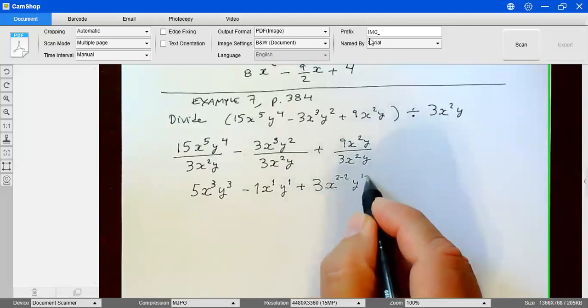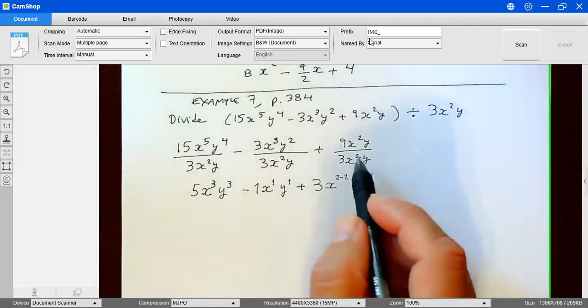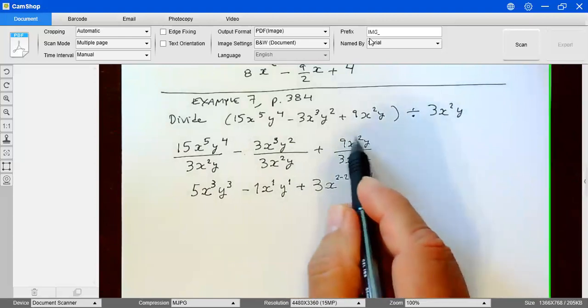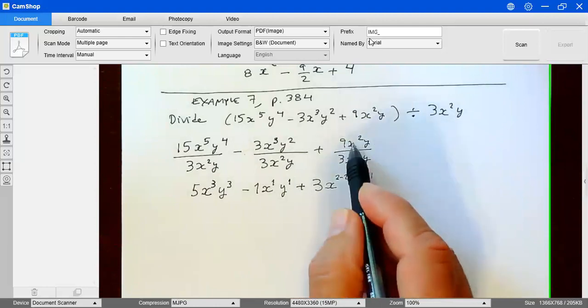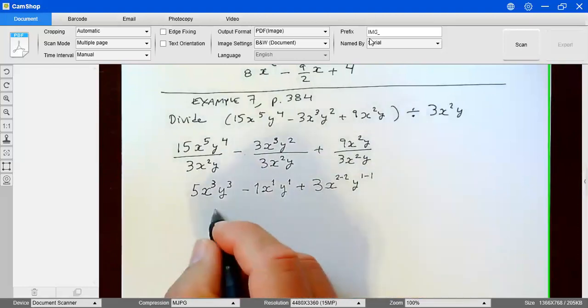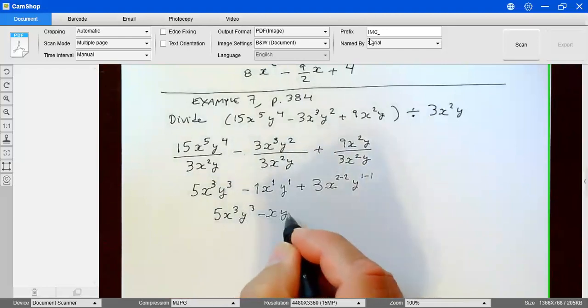Y is going to be 1 minus 1. So this is going to be x to the 0. Y to the 0 is just 1. Usually in math, when you have the same factor on top and at the bottom of a fraction, you just cancel those factors. But in this case, we are applying our rules for exponents. So the final answer is just 5x cubed y cubed minus xy plus 3.